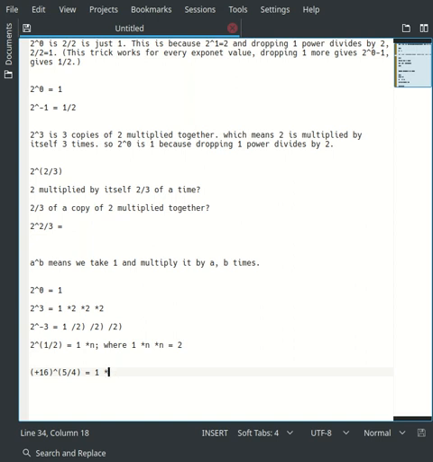Well, how about we just do it this way? 1 times 16 times n, where n is the 4th root of 16.